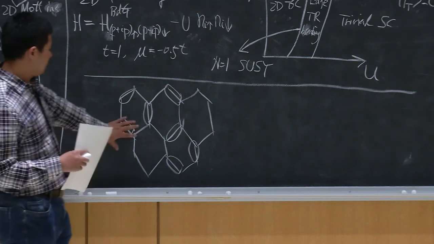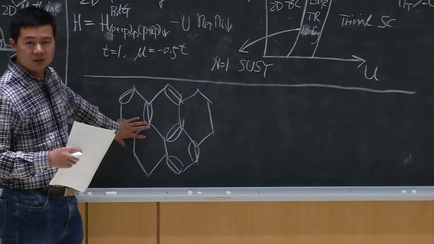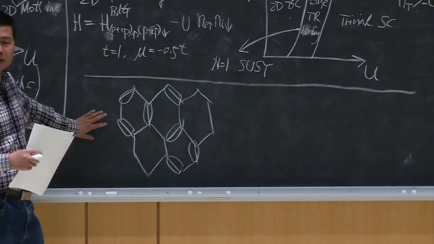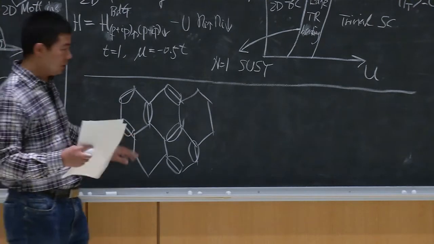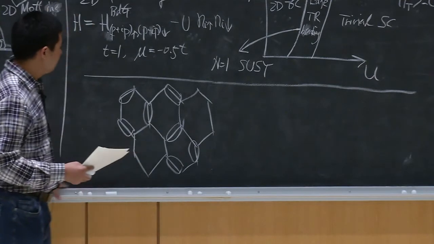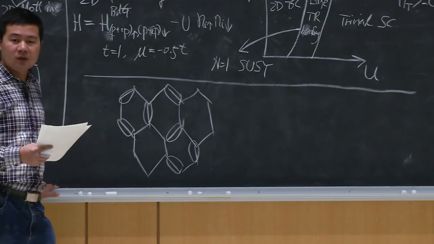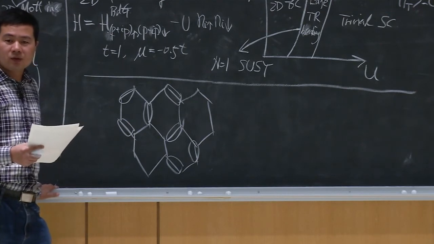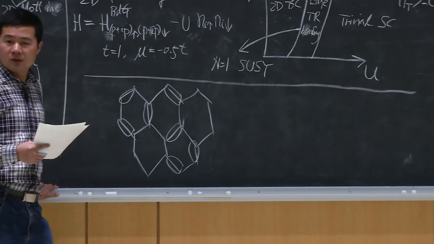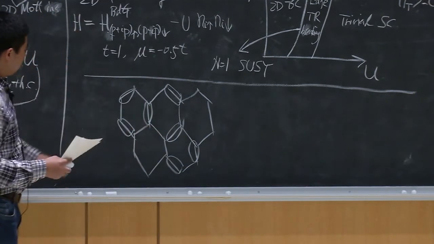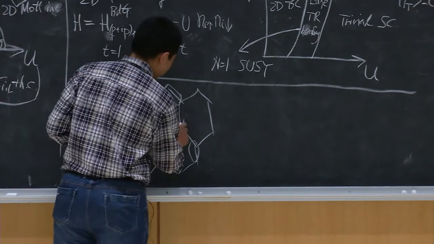So normally, this kind of Z3 symmetry breaking is a first order phase transition, because if we write down some Ginzburg-Landau free energy, the cubic term of the order parameter is allowed in the free energy, in the effective action. Landau theory tells us that this transition is first order.